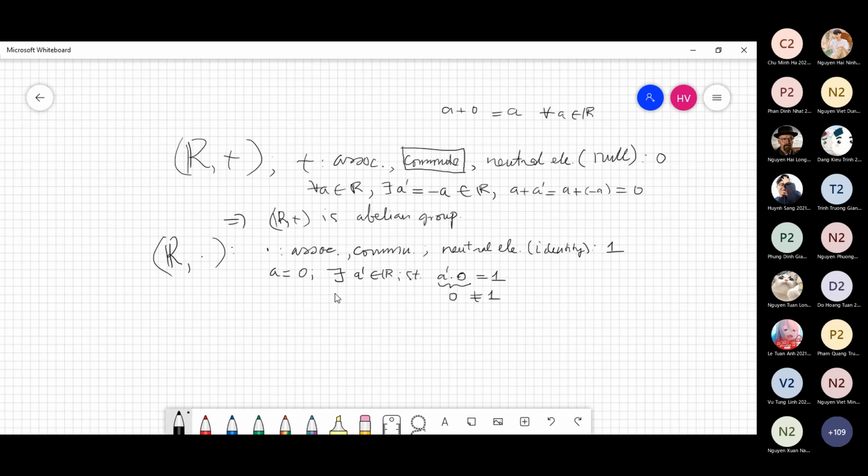It's never equal to 1, right? This means there is no a prime such that a prime multiply 0 equals 1. So when a equals 0, there is no inverse. If you take 1 over 0, it is not defined.